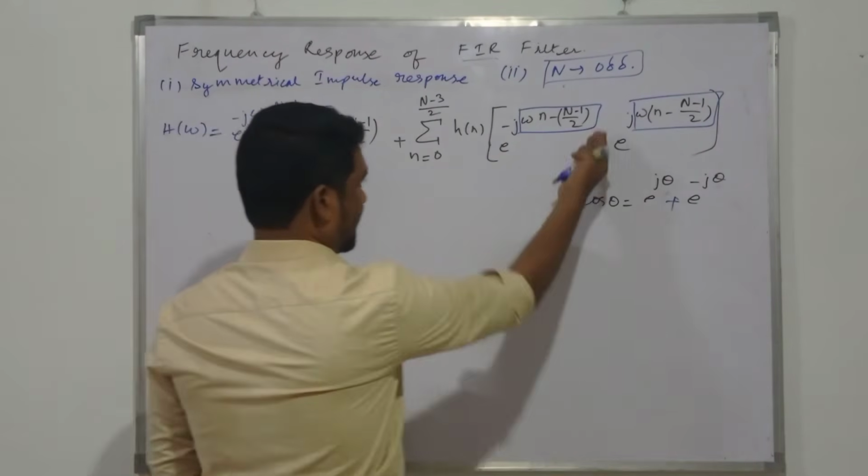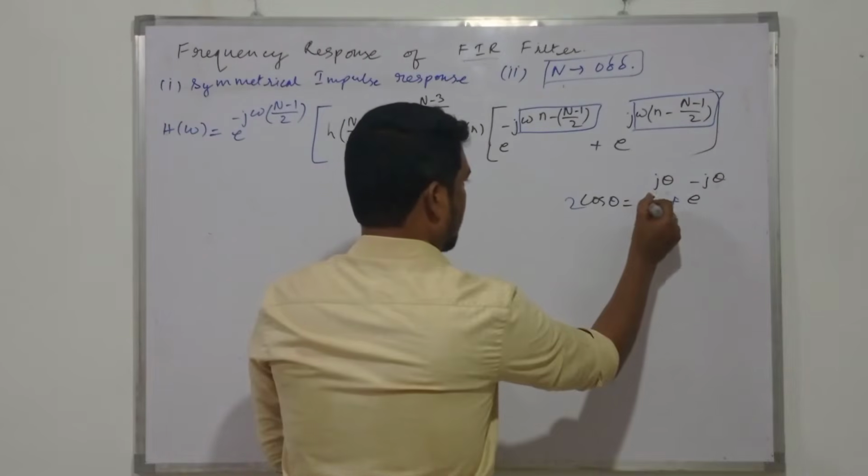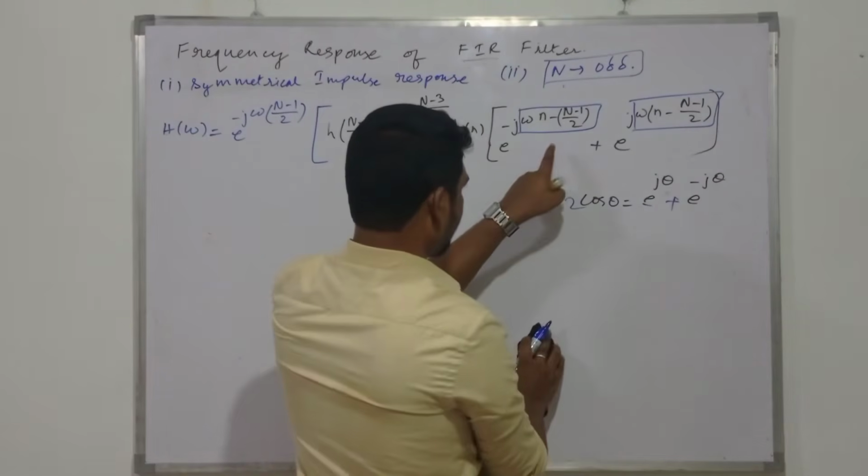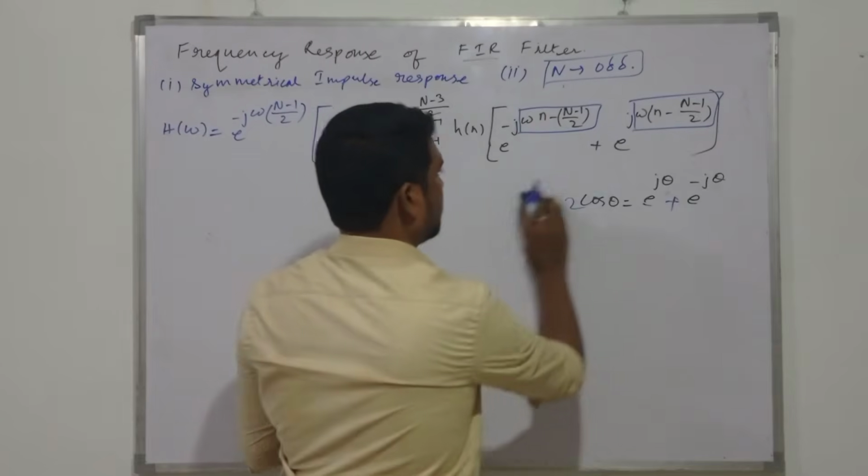So according to Euler's identity, this could be reduced to 2 cos of this one.